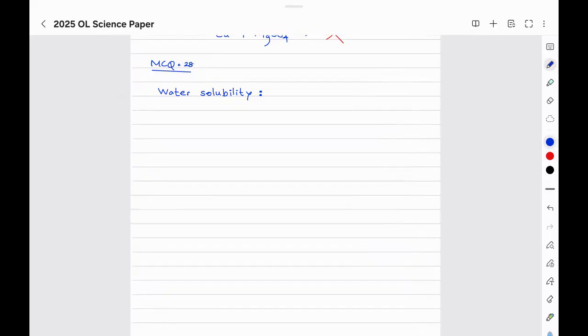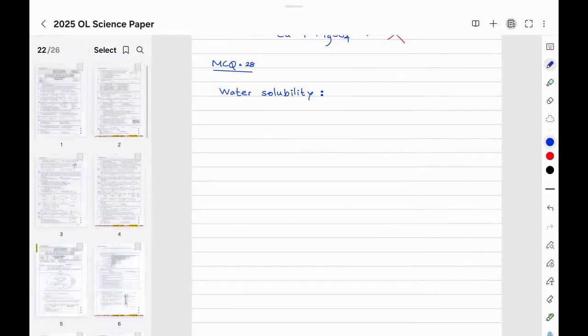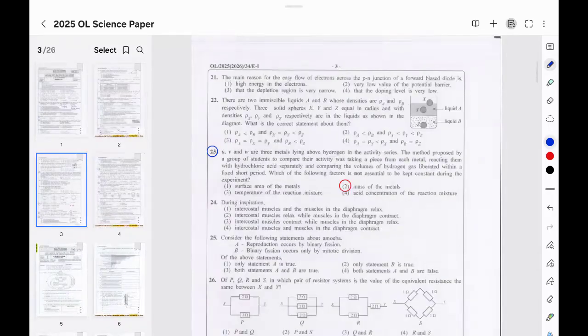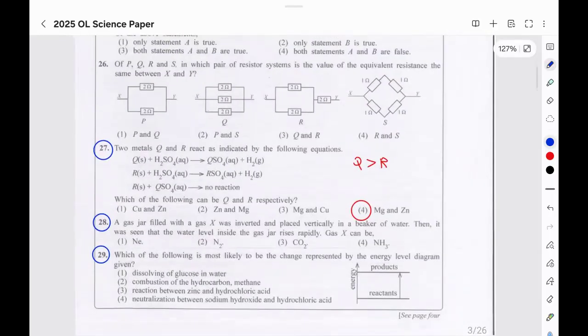Now they have given different gases here. As you think, what is the answer for this question? They have given neon gas, nitrogen gas, carbon dioxide, and ammonia. Which one is more soluble in water?